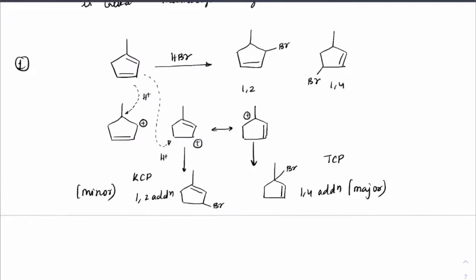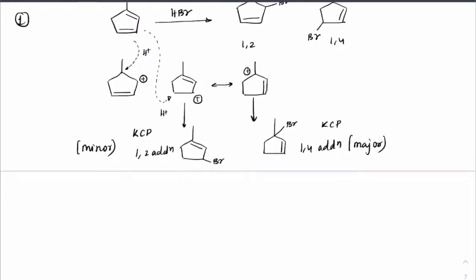Everybody understood this? So if you were asked what is kinetically and thermodynamically controlled product, always go for the most stable carbocation first. Check out if this is where the most stable carbocation is coming. And if you have added here first and last here, which means it is TCP, because it is a 1,4 addition which you are making. Right? Sorry. This is KCP.